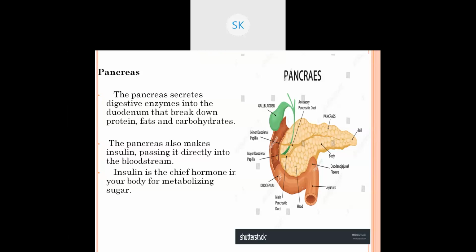You know insulin, no? Yes, their pen. Deficiency of insulin causes diabetes. Yes, means their insulin level is very low. That's why they are having diabetes. Okay.